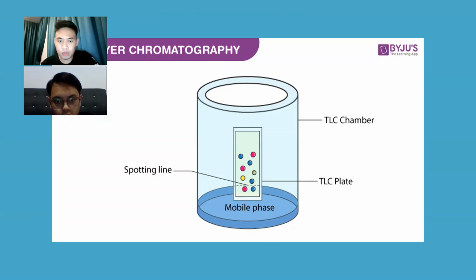The spotting line we draw using a pencil, and we plot the standard and the sample on the TLC plate using the pencil. Then the mobile phase will travel along the TLC plate until the solvent front, which is here, and then we can identify the compound, identify the mixture with the standard.